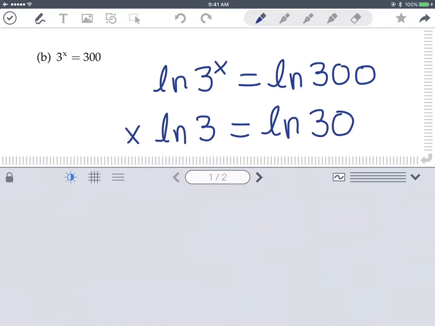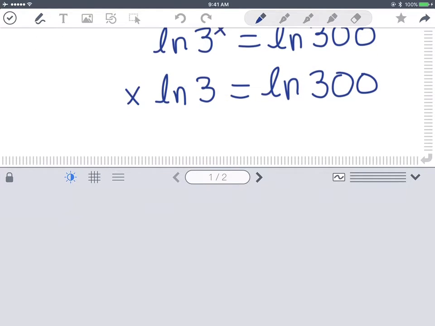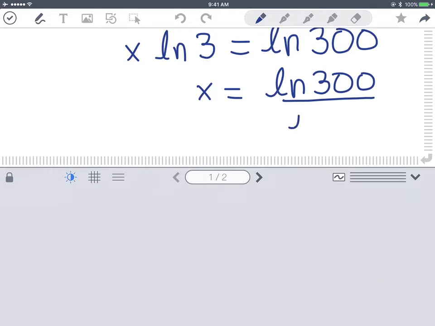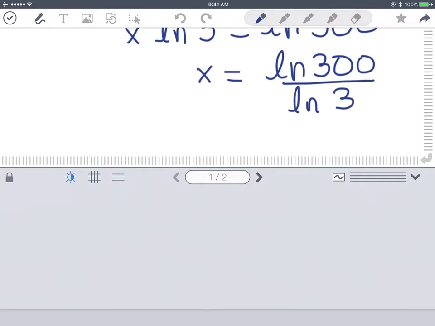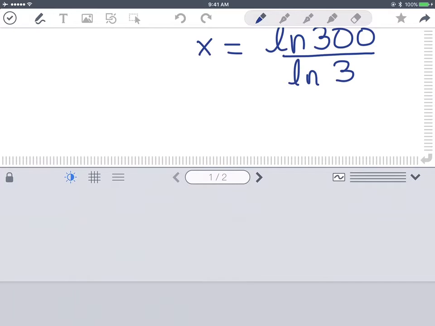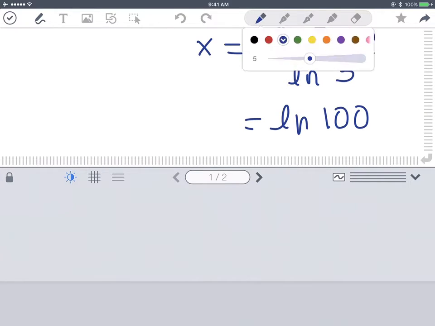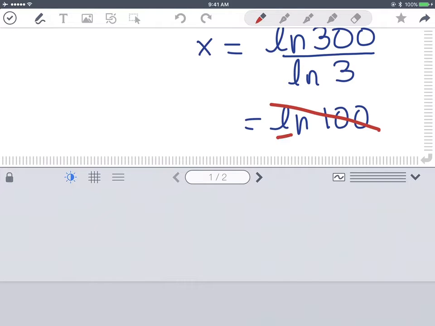Then I will do the same step as before. I'm not going to round until the end. So x would be the natural log of 300 divided by the natural log of 3. I did this example on purpose because some students have the misconception that they can write this, and that would be totally wrong.